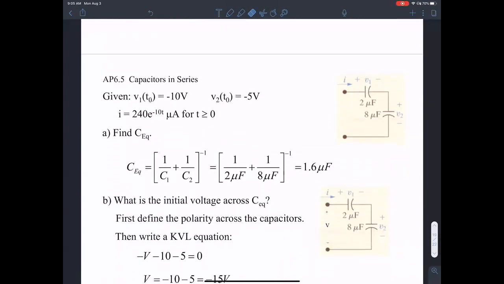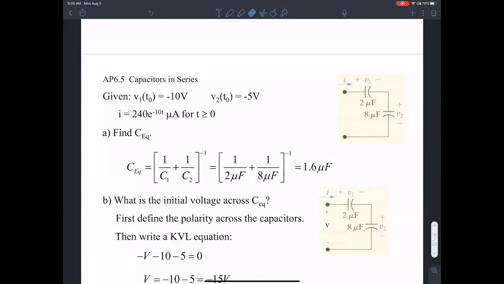And then there is a problem. V is given, an expression for I is given, and the initial condition for V is given to be negative 10 volts.